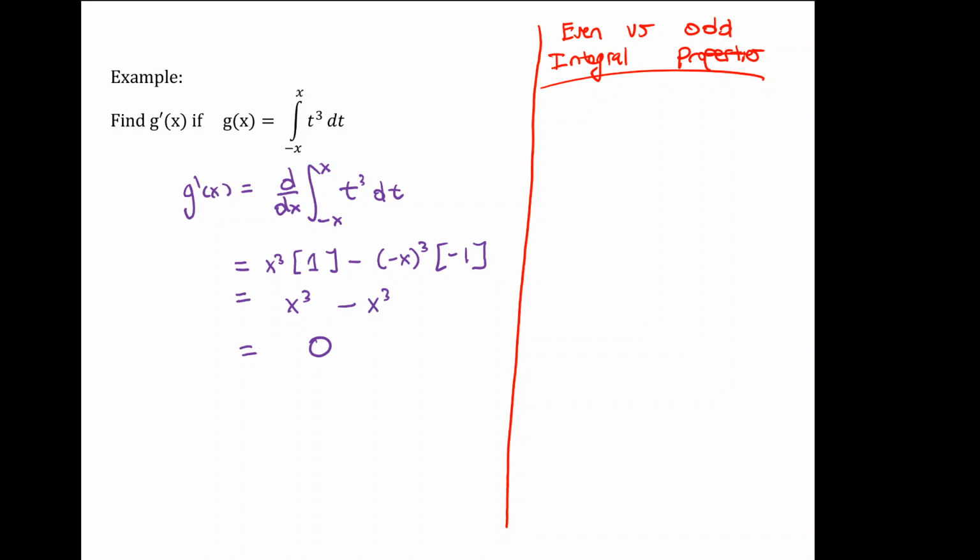The first one is, if we're integrating from minus a to a of an odd function, what we'll get is 0.